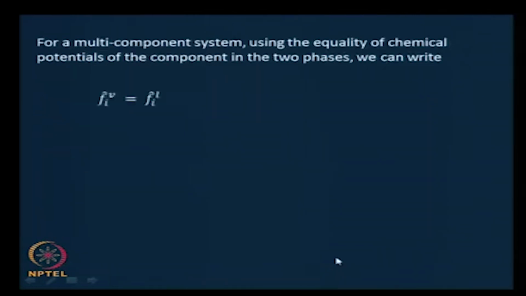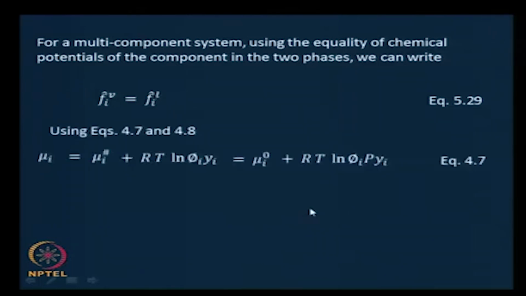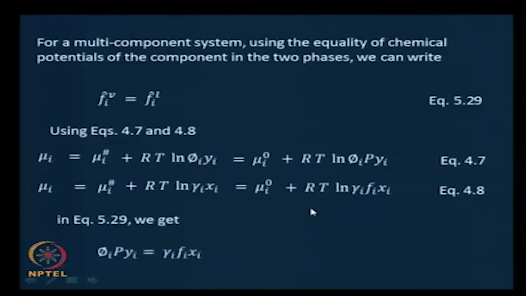And in a multi component system, the fugacity of the component i in the vapor phase, f i v hat, must equal the fugacity of the component i in the liquid phase. And in terms of the expansions we could get a useful relationship that phi i P y i equals gamma i f i x i.